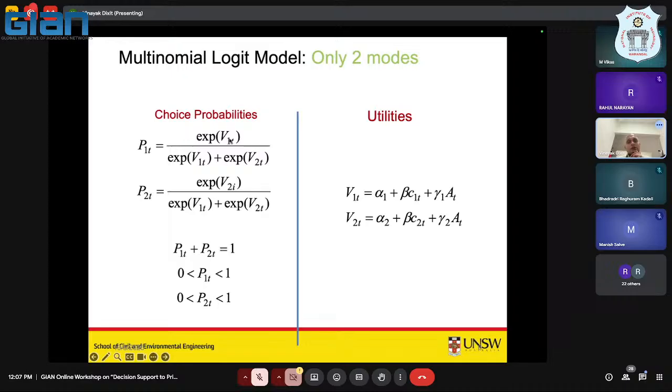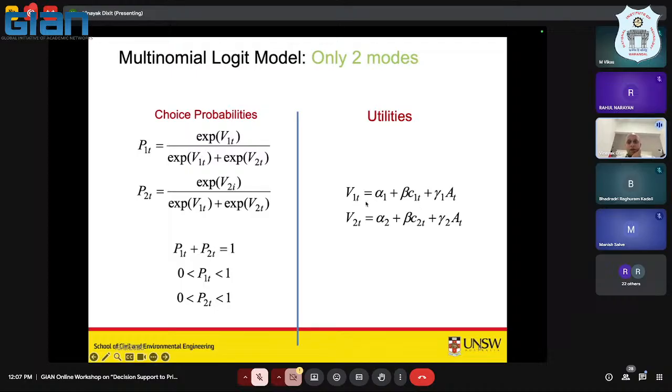All right. So V1t and V2t are called utilities. V1t is the utility of mode 1, and V2t is the utility of mode 2. Usually it is written as a linear form, but you can have a non-linear form as well.